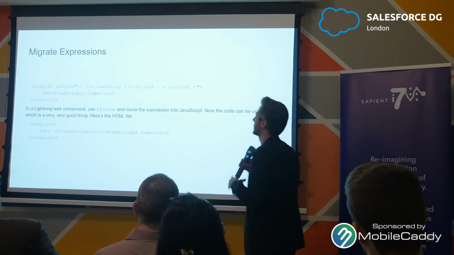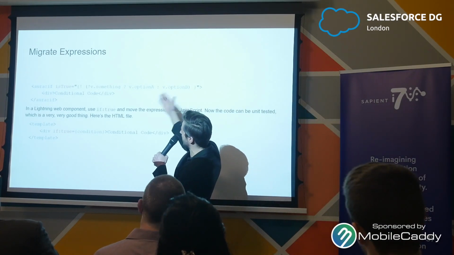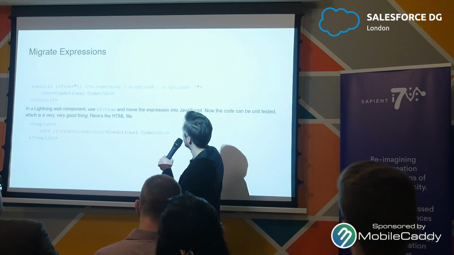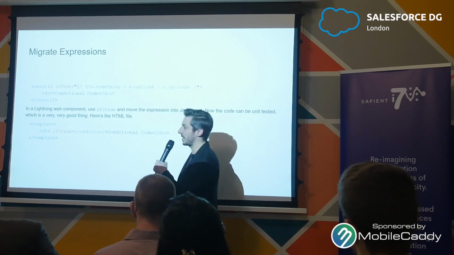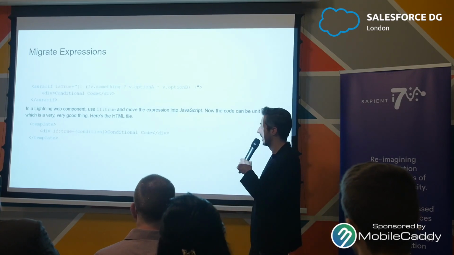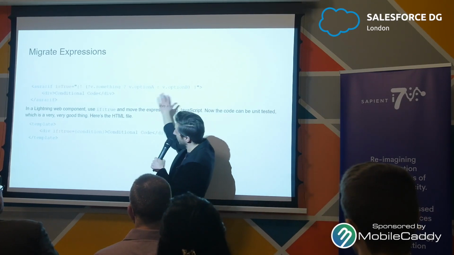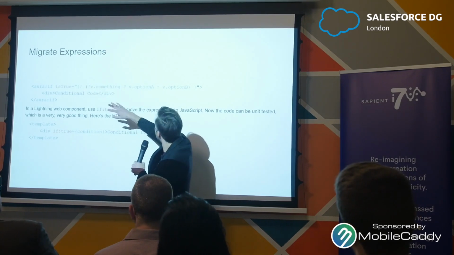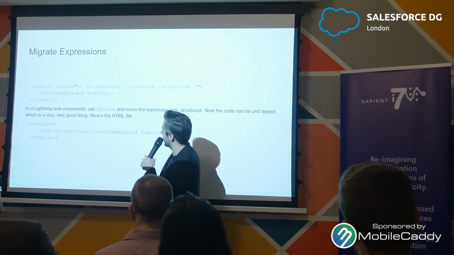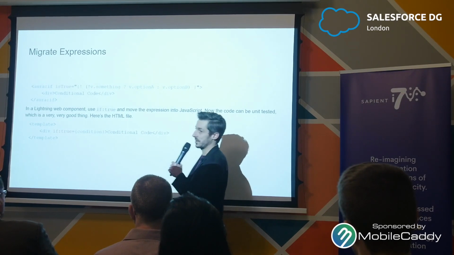Okay, so here I explain a little bit about this expression thing. You see here with this if/else, that's very, very common in Lightning. You have this logic, really, looking at something, and then depending on this, we decide if this should be displayed or not.